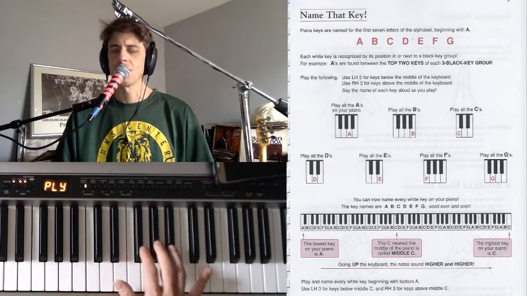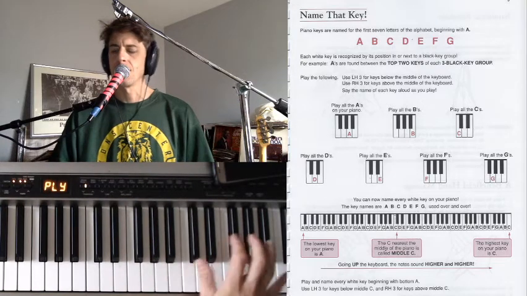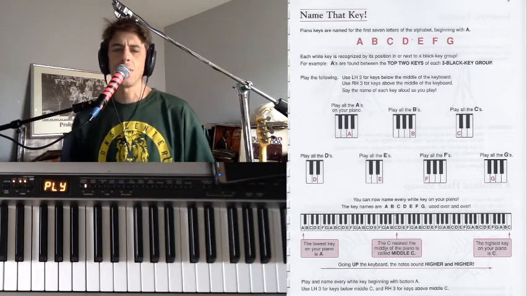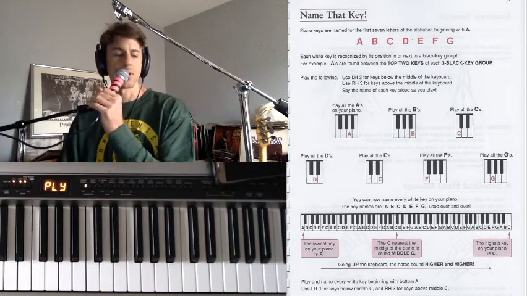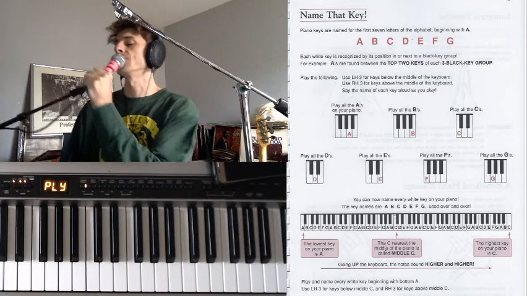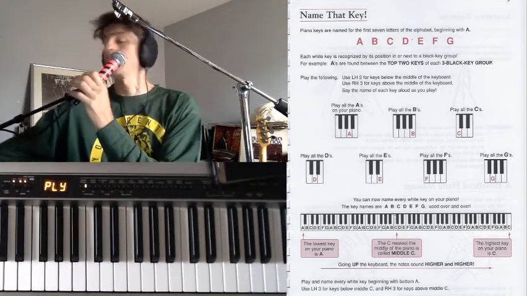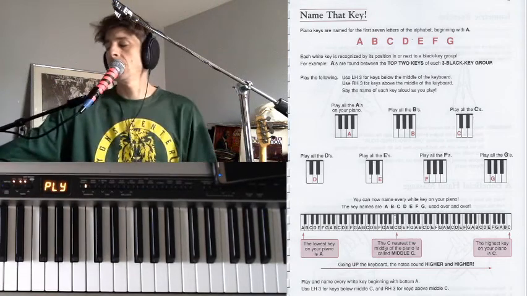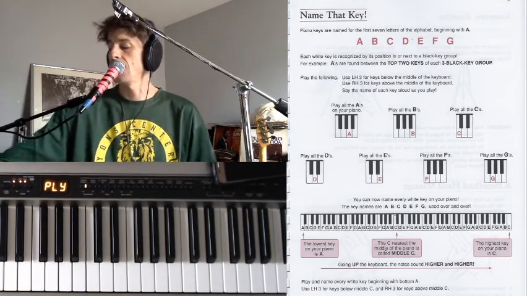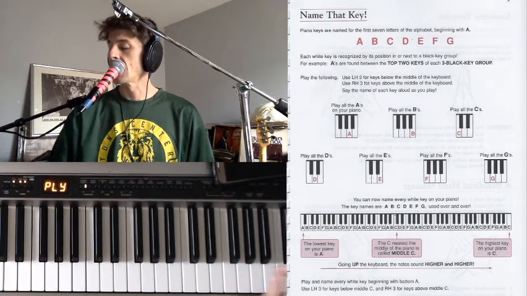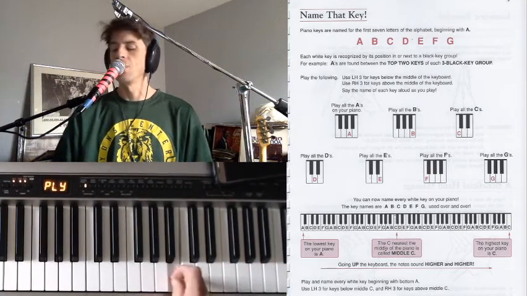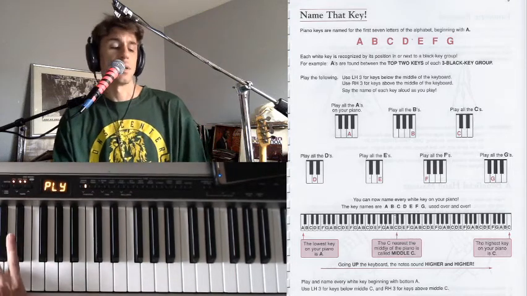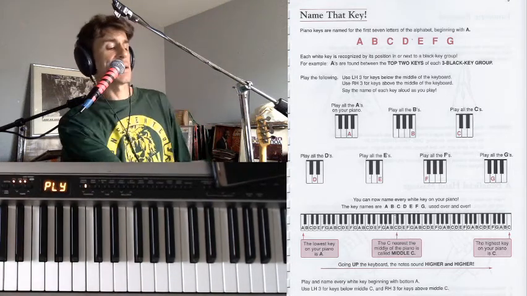So set of 3, B. Okay, let's go through and play all the B's on the piano, starting with the highest one. There it is. 1, 2, here we go. B, B, B, B, B, B, B, and B.